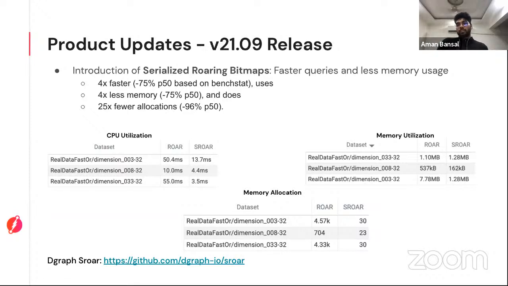And the same goes for memory utilization and memory allocations. So that's how we found that with the serialized roaring bitmaps, we can extract some great performance. And we have this in our public offering, so you can check out github.com/dgraph-io/sroar. Do check it out and play with it, and do share your thoughts over the discuss community.